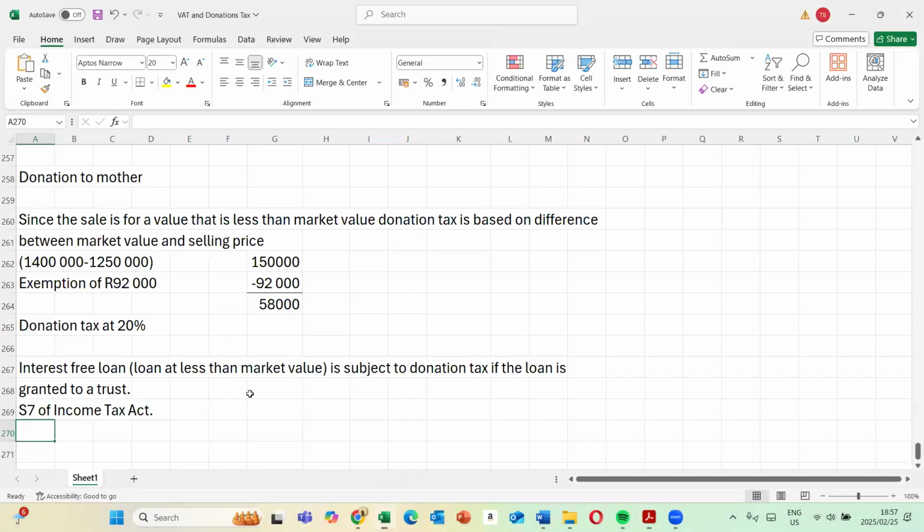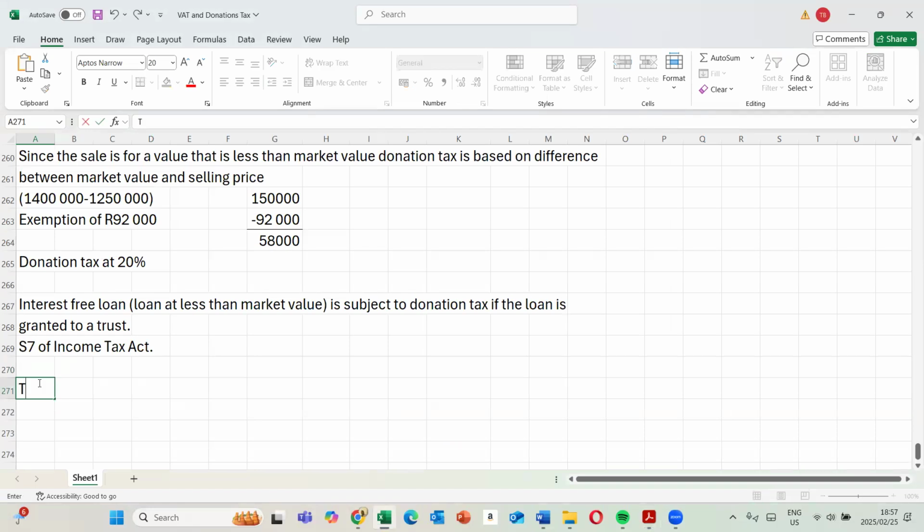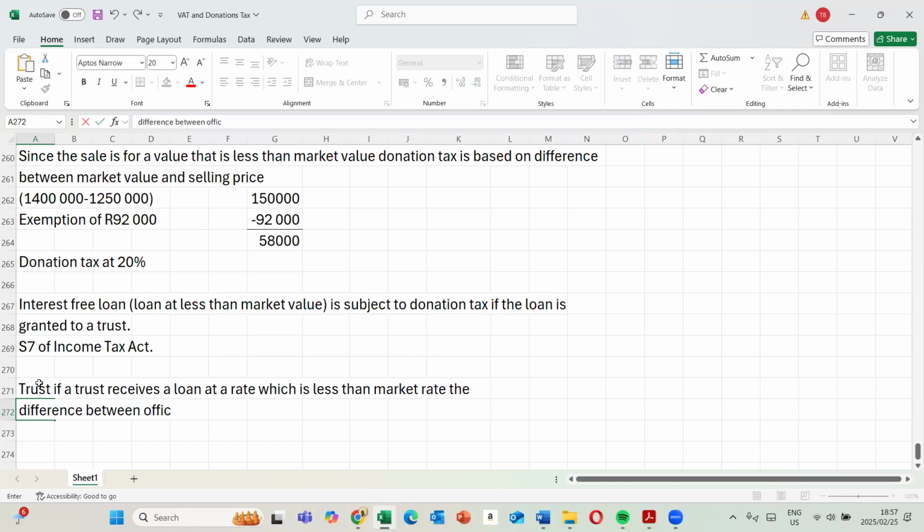So also remember with regards to a trust, if a trust receives a loan at a rate which is less than the market rate, the difference between the official rate and the interest rate awarded is a donation.